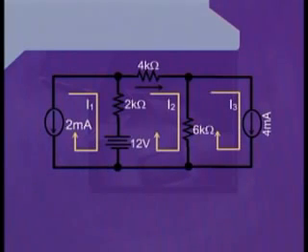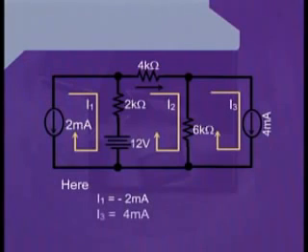Respectively, we have assigned the various unknown current quantities flowing through these meshes. Hence, we have given I1 for the mesh 1, unknown quantity I2 for the mesh 2, and unknown quantity I3 for the mesh 3.